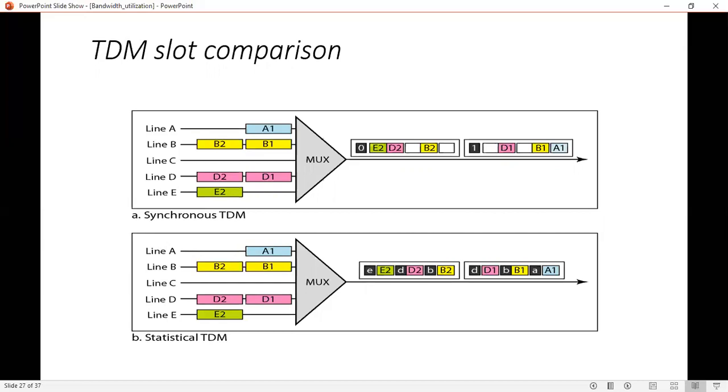But in statistical time division multiplexing, the number of slots in the frame is always less than the number of input lines. See here, the number of input lines is 5, but the frame has 3 slots. In the first frame you have the data units A1, B1 and D1, so there is no wastage there. Again, in the second frame you have B2, D2 and E2.